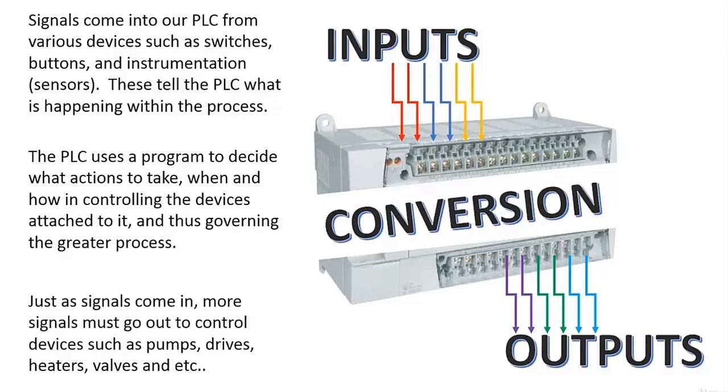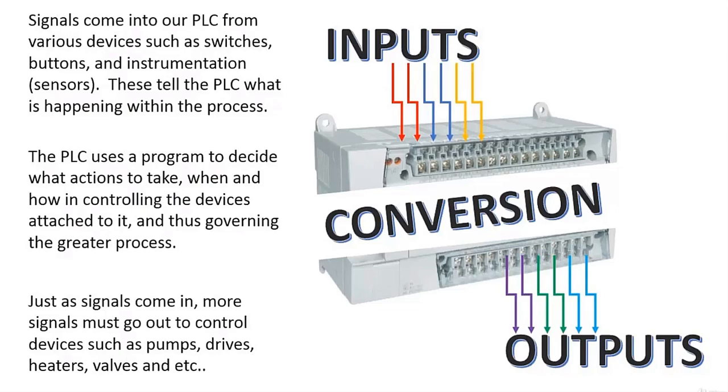some signals going out. When you look at I/O, generally speaking, you can break it down into two categories. There are discrete, also known as digital signals, and then there are analog signals.